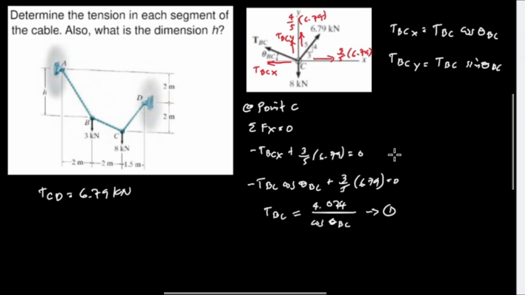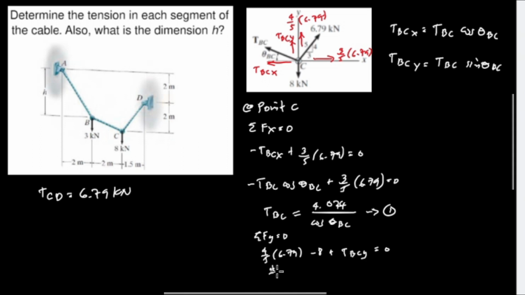Next, summation of forces along y is equal to 0. We have 4/5 times 6.79 minus 8 plus TBCY, and equate that to 0.